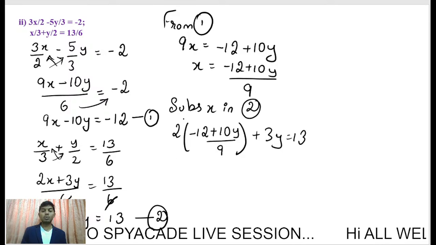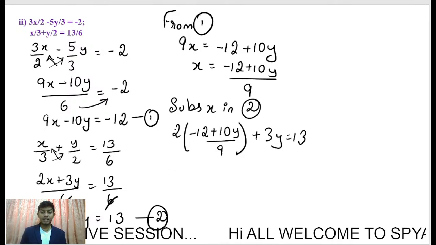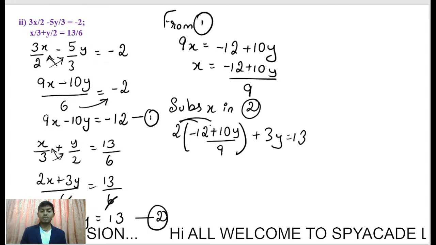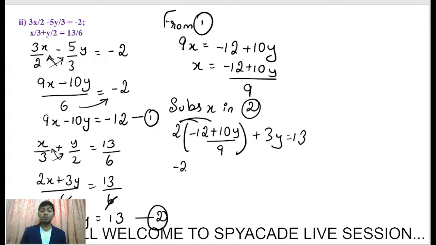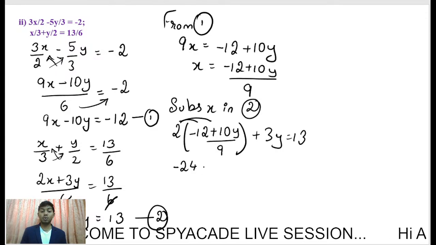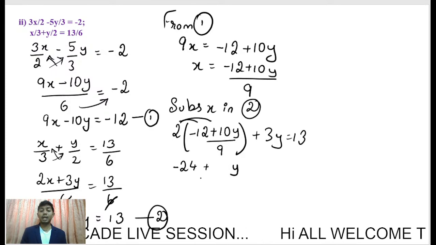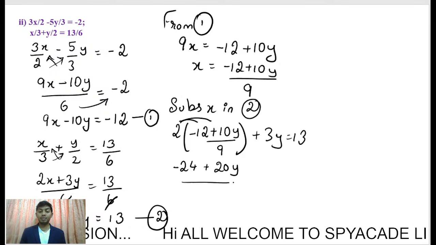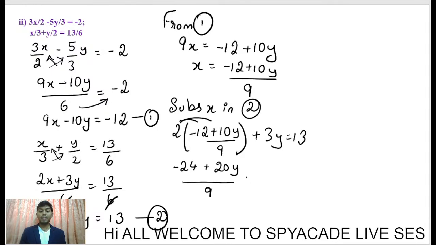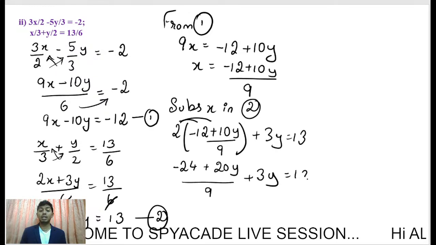Yes. Now we have to simplify this. Take this 2 inside, so you can multiply. 2 into minus 12, you will get minus 24, plus 2 into 10, you will get 20y, divided by 9, plus 3y is equal to 13.